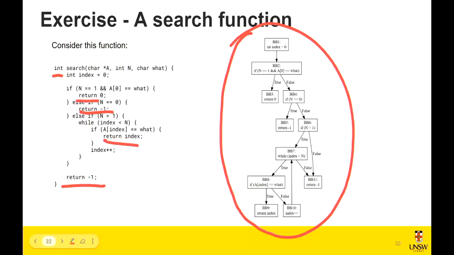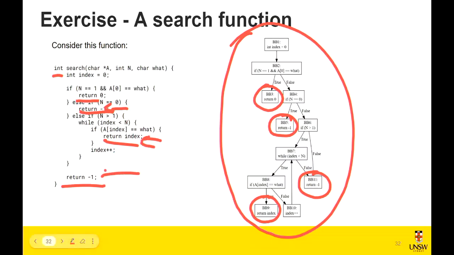We have 4 exit points. Although they are not explicitly denoted in this control flow graph, we can still simply count the number of these returns and get 4 exit points.